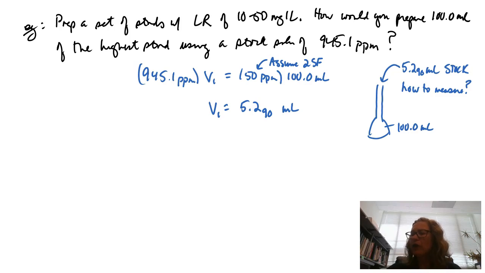Maybe you thought, well, I should use a volumetric pipette that hopefully you can see here. And this is where you would use the pipette bulb to use the vol pipette. But then maybe you thought, well, that only gives me 5.00 milliliters.